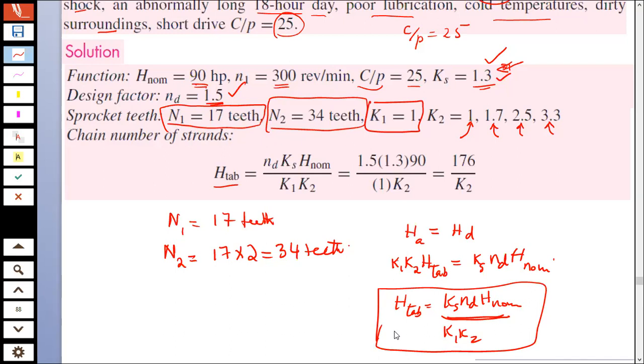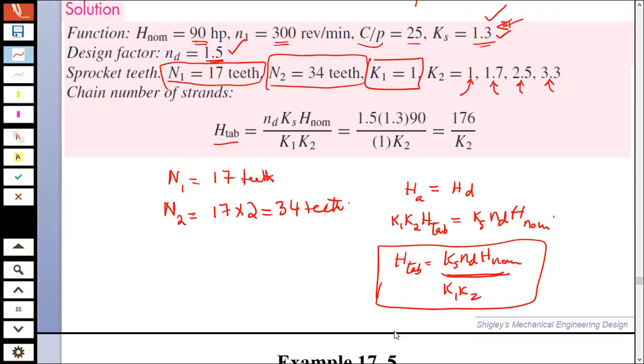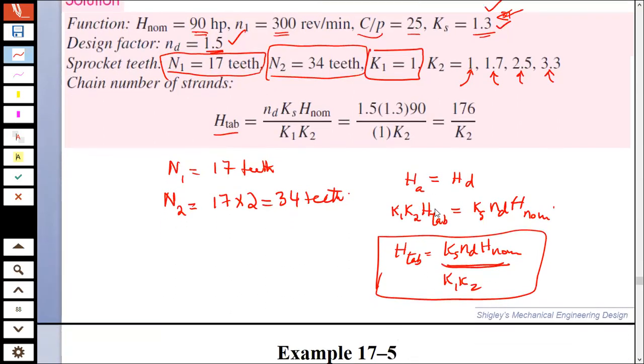If I'm using 17 teeth, then my K1 is 1, so this is going to go away. So I'll be left with this equation where I can put the value of Ks and D. I already know these. If you look over here, my ND is 1.5.